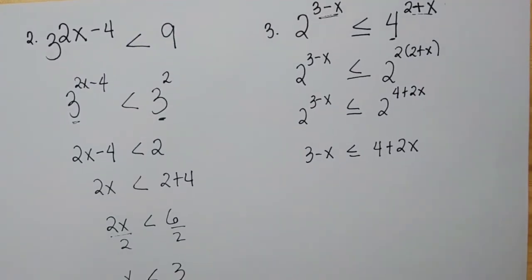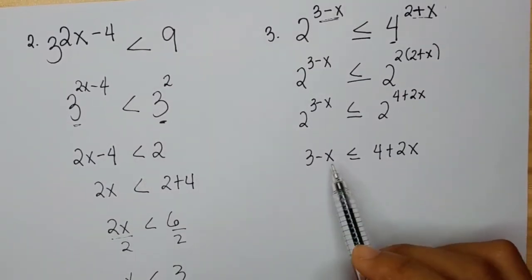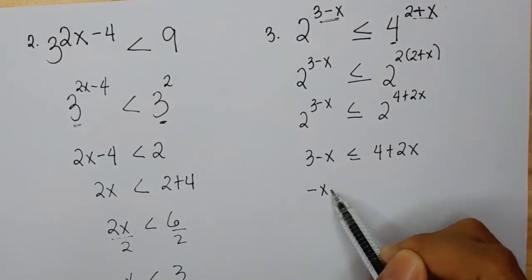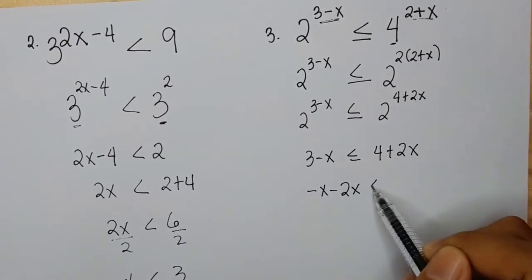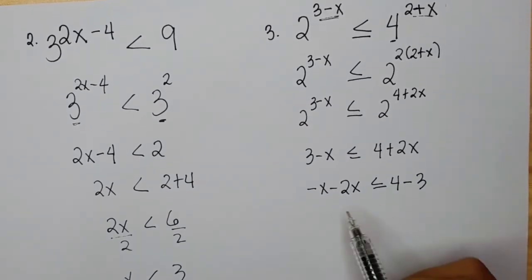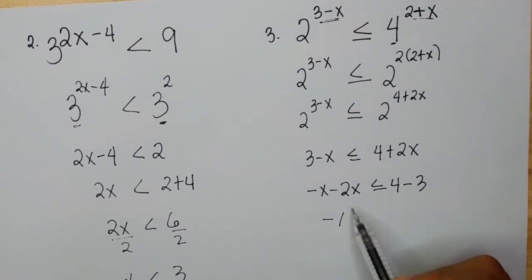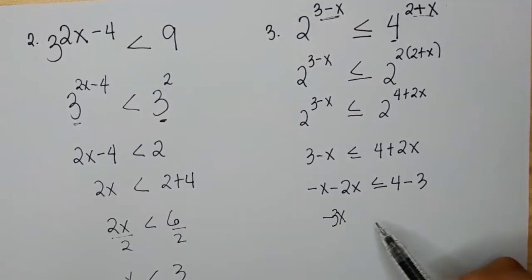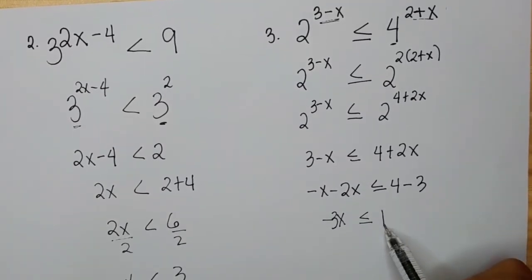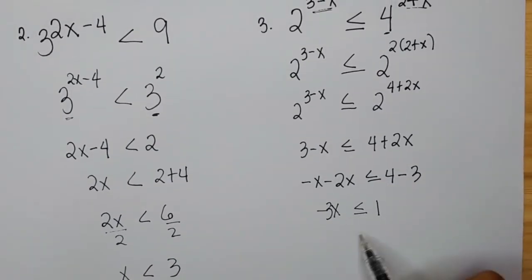So, combine like terms. So, lahat ng may x i-combine. Lahat ng constant i-combine. So, we have negative x minus 2x is less than or equal to 4 minus 3. That is negative x minus 2x, that is negative 3x, less than or equal to 4 minus 3, that is 1. Then, divide natin siya by negative 3.